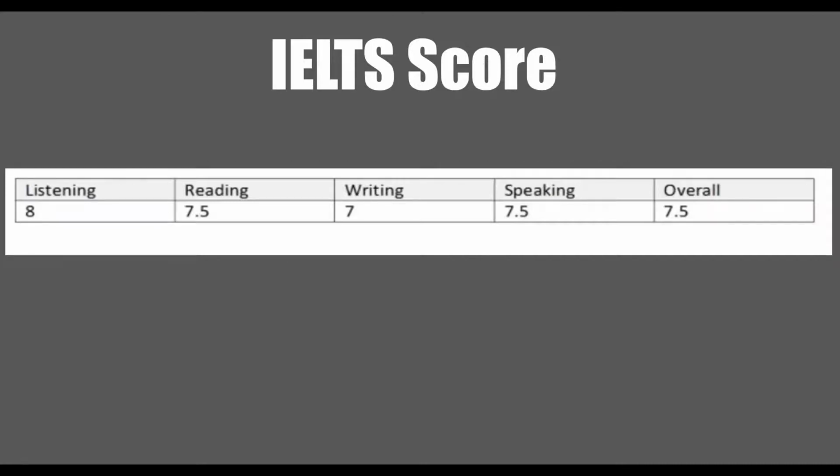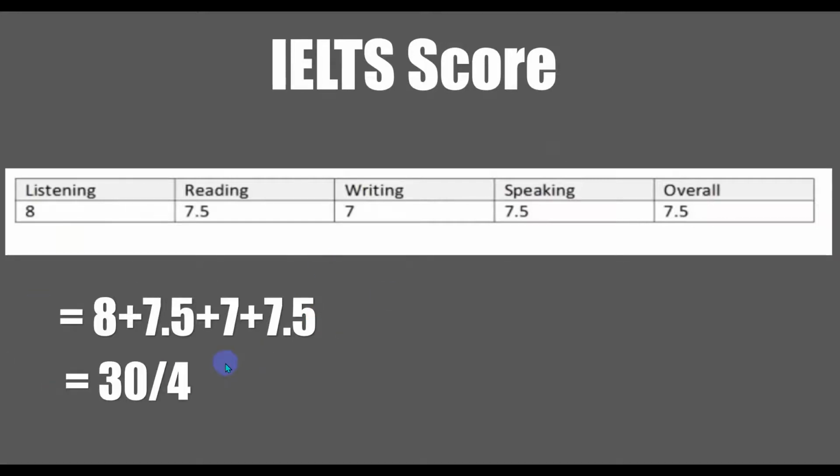After you complete your exam, they mark it. If listening is band 8, reading 7.5, writing 7 and speaking 7.5, then they sum the total marks and divide by 4, as there are 4 sections, and the band score is 7.5.